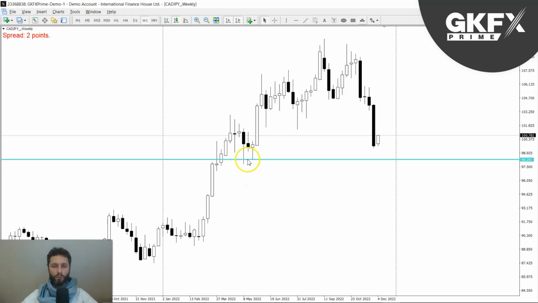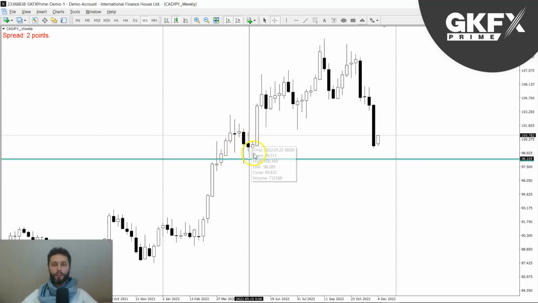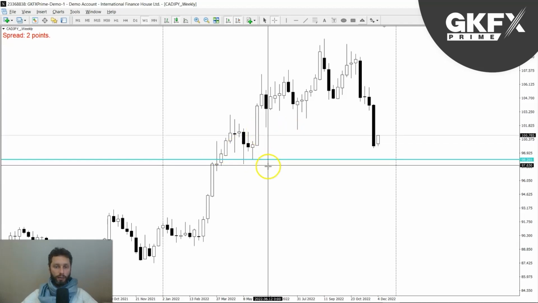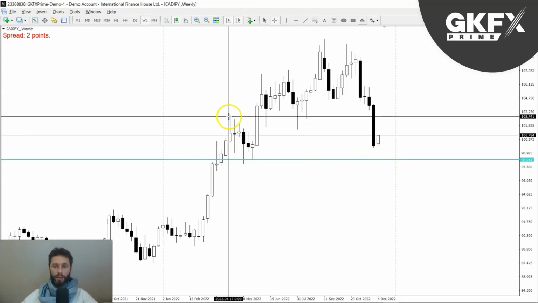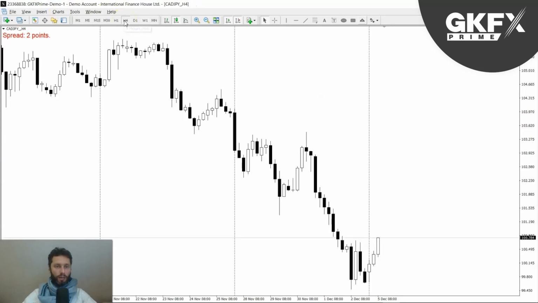Where's the downside? Well, the next obvious level is down here, this swing low. So now I'm looking at this as the next target for the week. Let's see if we get there. Either case, first of all, our task is to find an entry, find something interesting.